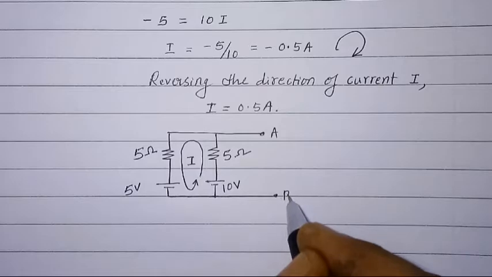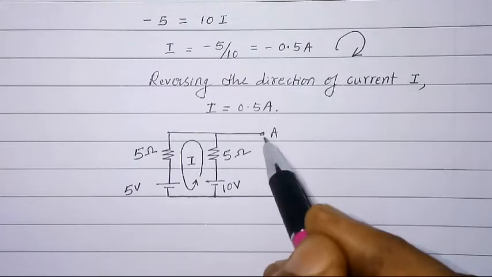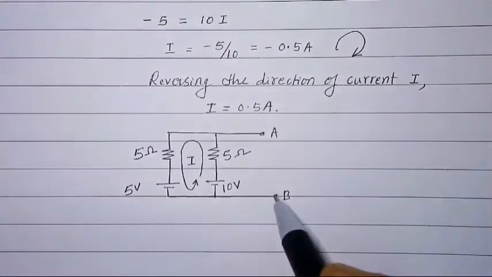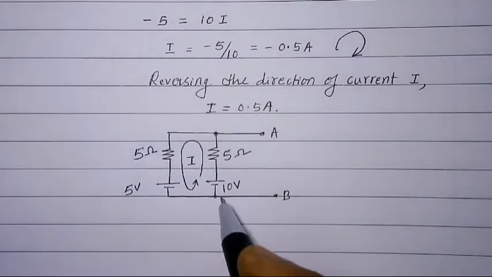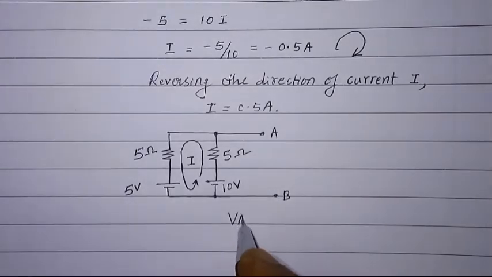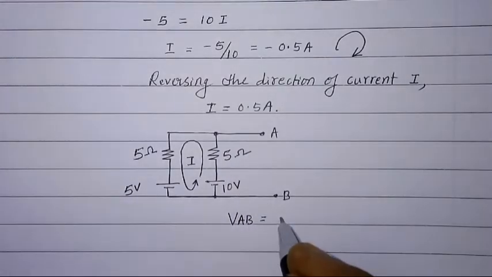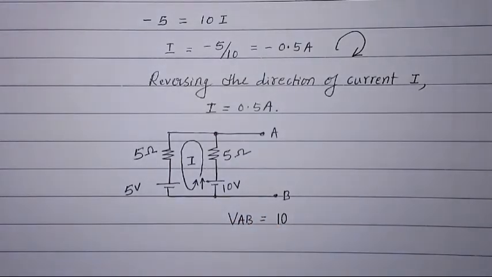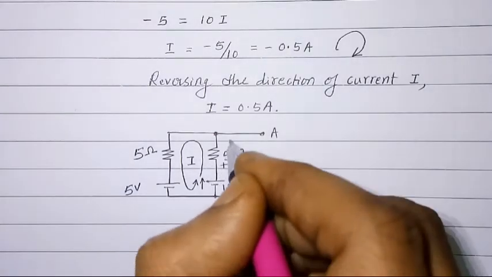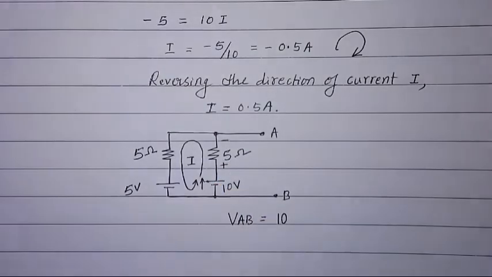These are two terminals A and B. Now the potential difference across A and B is the same as the potential difference across the 10 volt and 5 ohm branch. So I can write VAB as 10 because it is voltage rise in this branch, and there is a drop of 5 into I in the 5 ohm resistor.